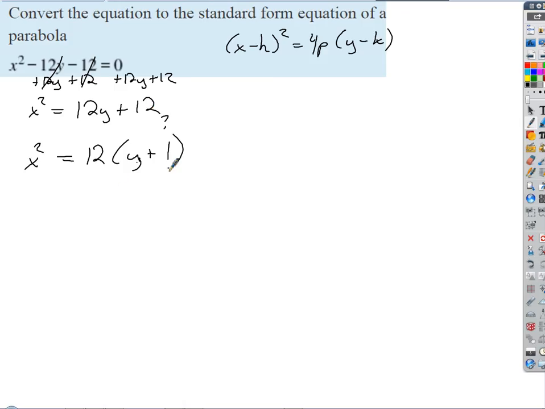So either way you want to go about that, you can just think about factoring out the greatest common factor of 12, or undistributing the 12 because that's what's in front of the y, and figuring out what's left over. So that's my answer.